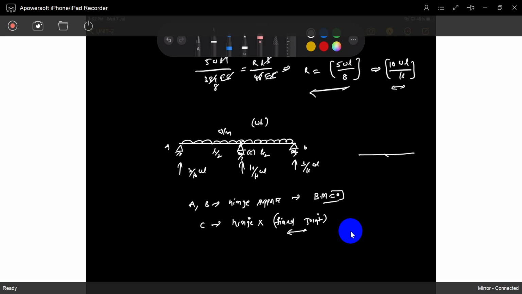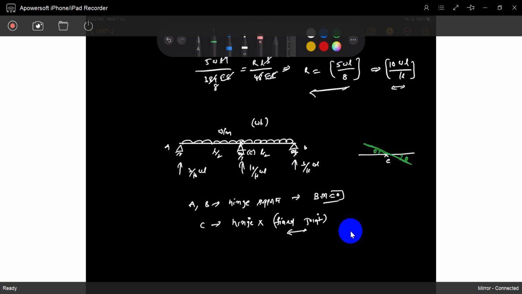If it is a C joint, it will rotate something like this. See, it is theta. C behaves as a fixed joint. It will rotate, but maintain uniformity.